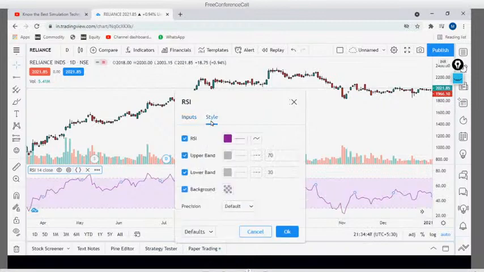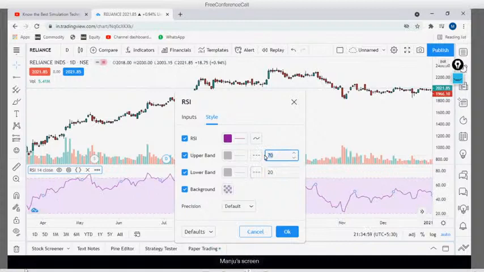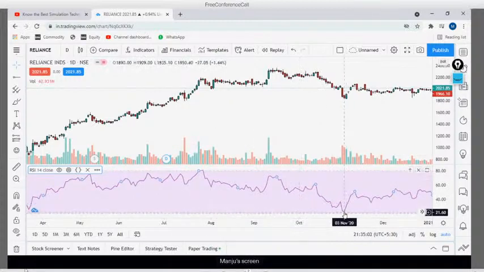Let me change. Few people follow that 70-30 or 80-20, or 50-60. What you can do, that one also here. I will do 20, and this is 80. So whenever RSI comes near 20 levels, I look for a buy.